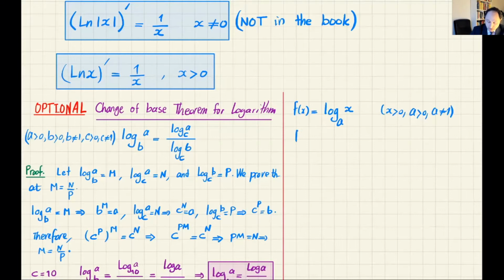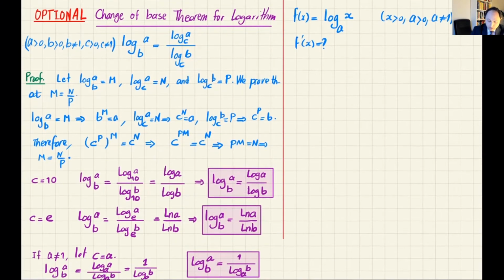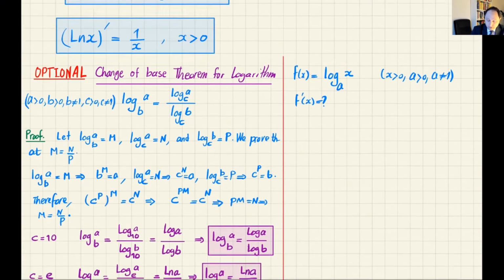Now the question is, what is the derivative of this function? So far, if instead of this, I give you ln x and I ask you the derivative, you know the answer is 1 over x. But now I can combine this idea of the change of base and the formula that we have here to determine the derivative of this function.